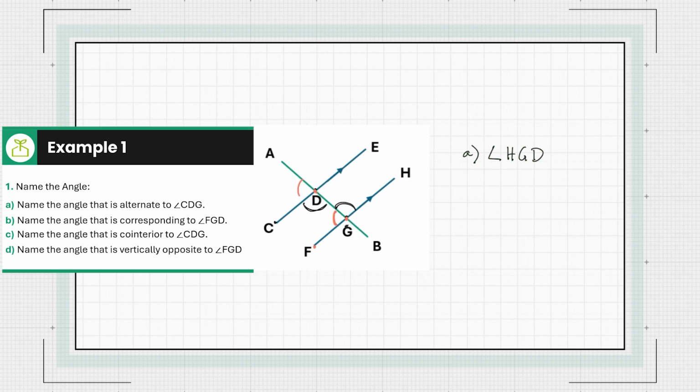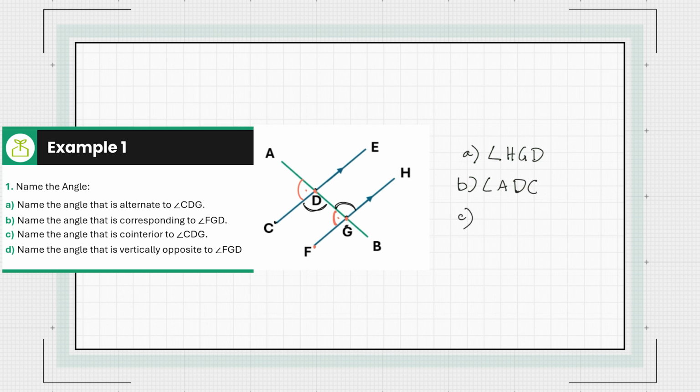So just up here, we can see it's in the same exact position, and those two are corresponding. So for B, we can write the angle ADC. Alright, let's move on to C.